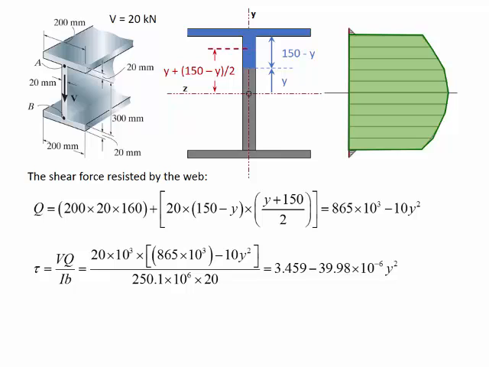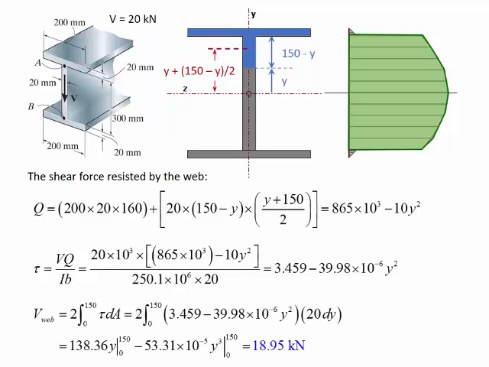So if I want to calculate the force taken by the web, all I have to do is multiply this shear stress times the area over which it is acting to calculate the force. So this is what I have here. So the shear force at the web, I'm multiplying by 2 because when I calculated the first moment of area, I was just considering half of the web.